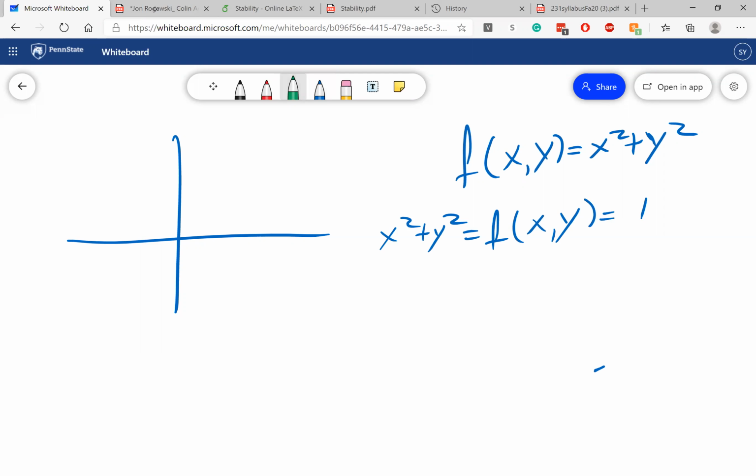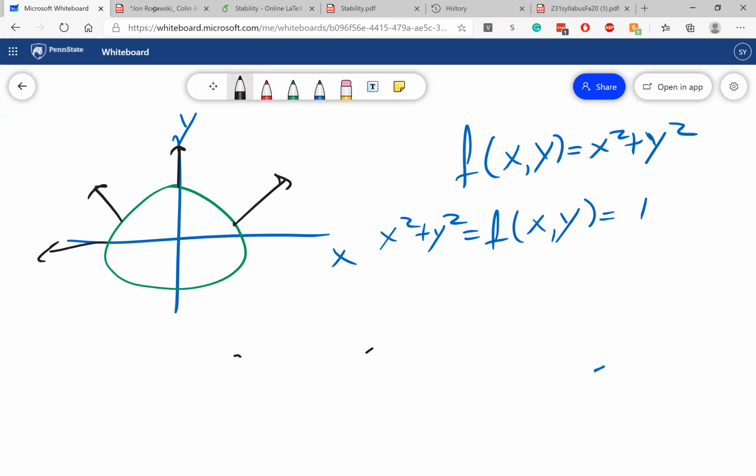Well, that would be a circle of radius 1. That would be the contour. And the gradient on the contour will always be exactly orthogonal to the contour.